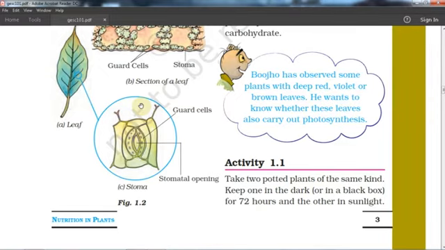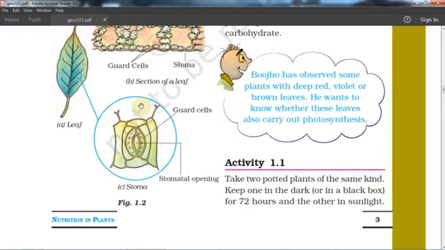After that, we have seen how plants do photosynthesis to make glucose or to make energy. Plants take water and minerals from the soil and carbon dioxide from the atmosphere to make carbohydrates plus oxygen. Both the elements, carbohydrate and oxygen, are important for the living of living beings. So we'll continue our chapter from here now.